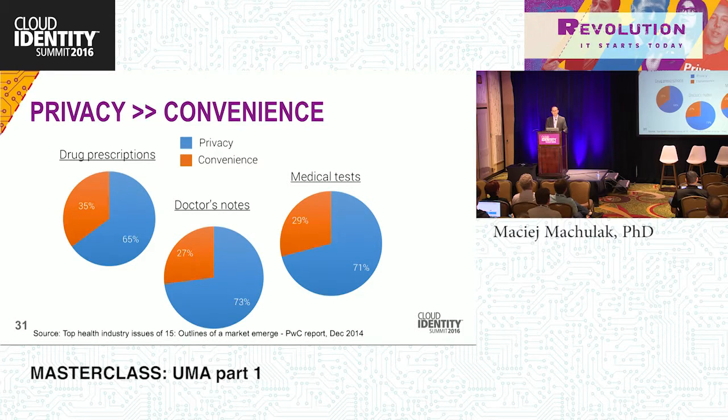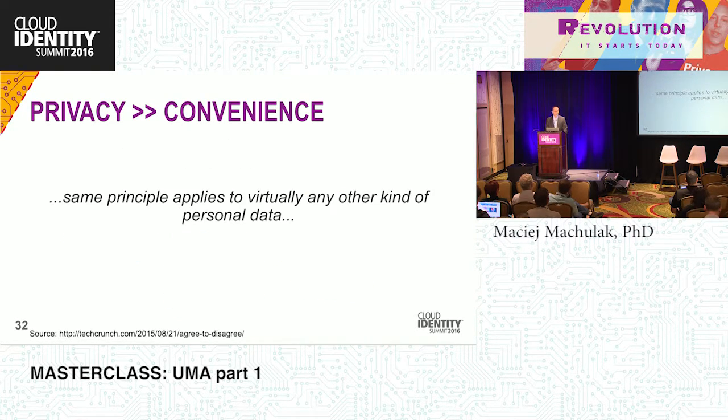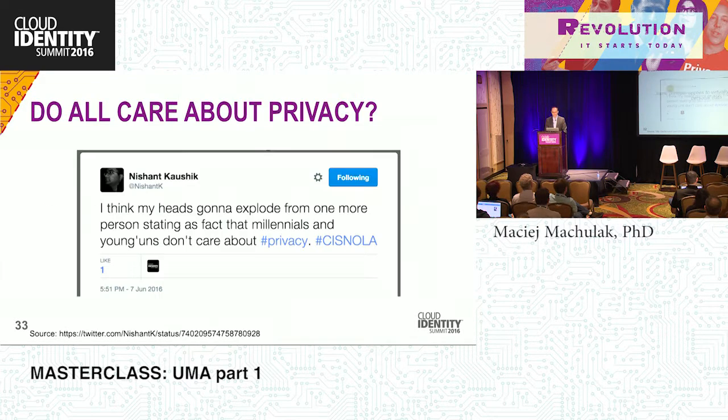It's obviously easiest to take a look at medical data, online medical data, and show that the privacy is way more important than the convenience. Some of the studies show that it's nearly 73% of people really perceive the privacy as way more important than the convenience of access to the data. And the same principle applies to virtually any other kind of information.